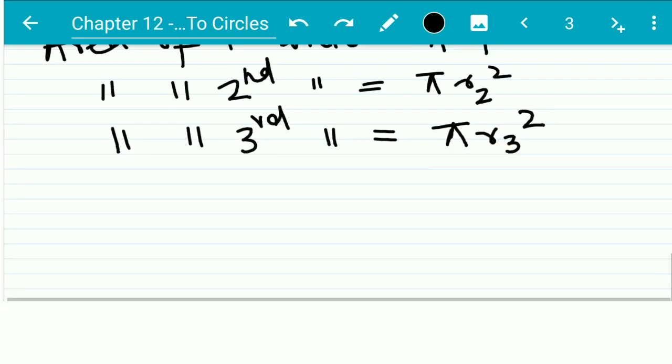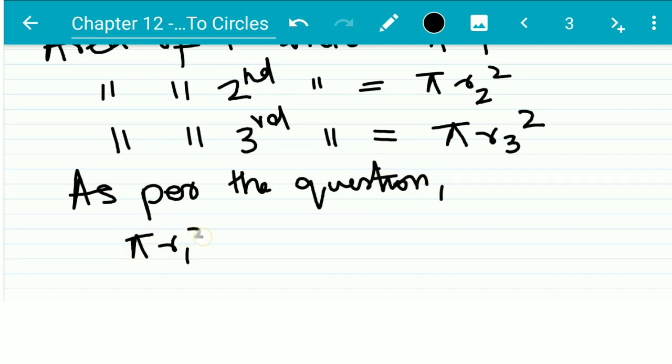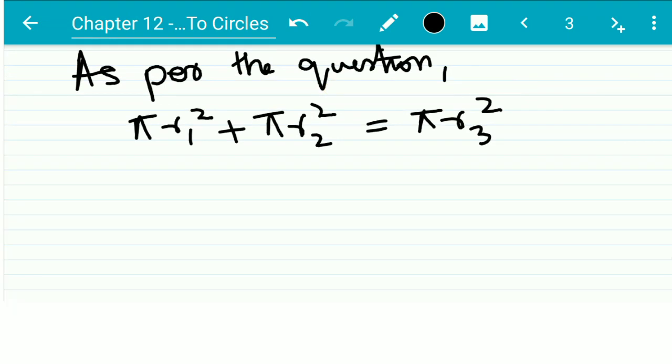Now write, as per the question, pi r1 square plus pi r2 square is equal to pi r3 square. See here, pi and pi are common, so I can take pi outside.